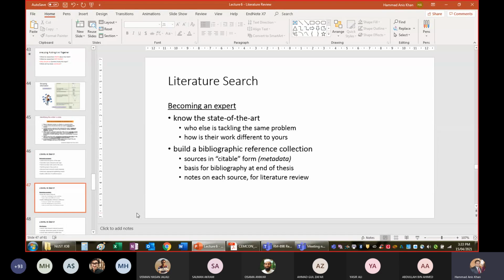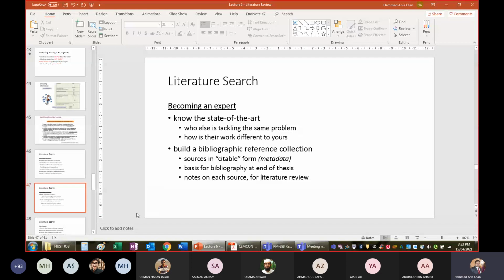And what is the state of the art? You try to see who the people are who are studying the same problem which you are studying. You see what they are studying, and you try to find out the differences between your research and their research.